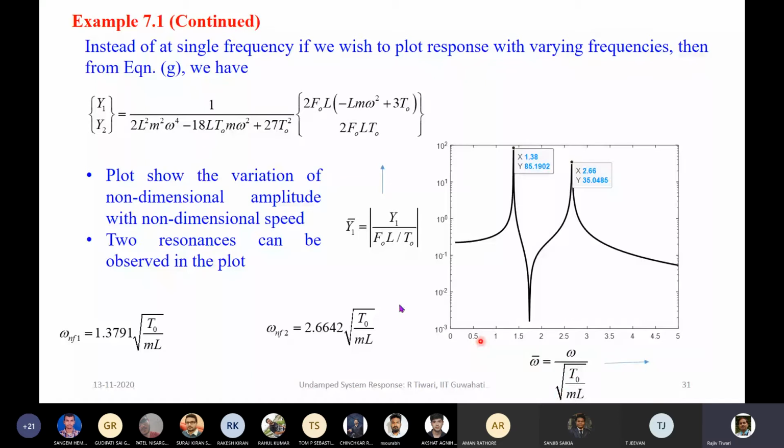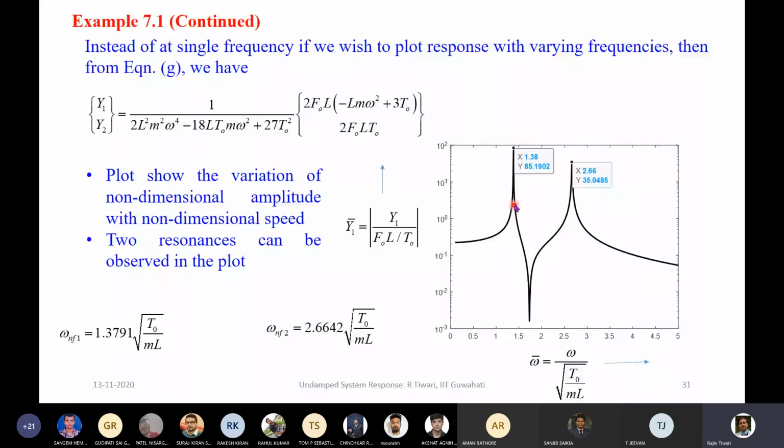So here you can see that if we take y1 out from this expression and rearrange those equations such that we get the non-dimensional form, and we plot, we'll get this kind of plot. Now you can see that there are 2 spikes. One is this, another is this.